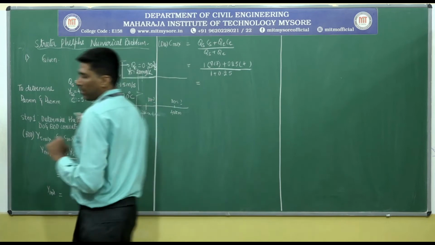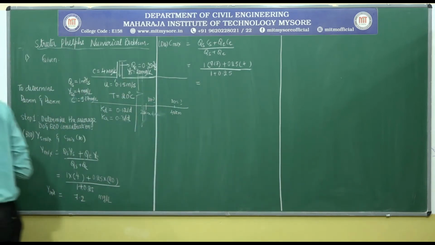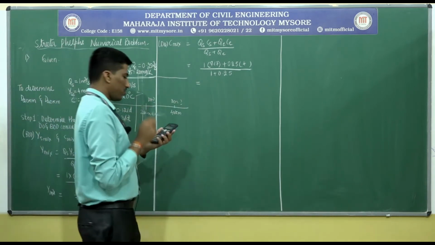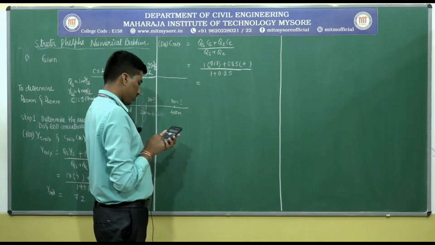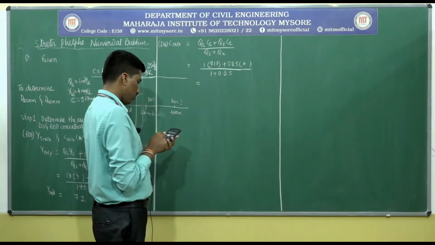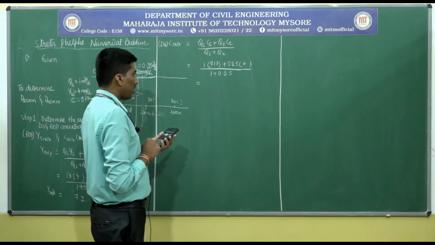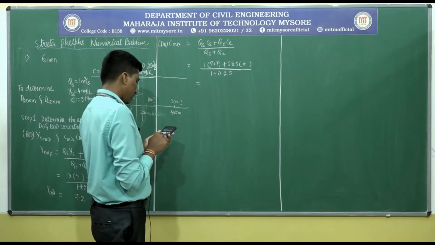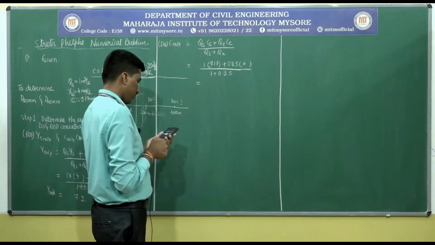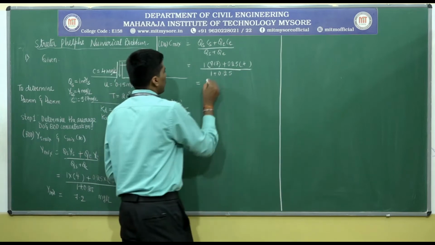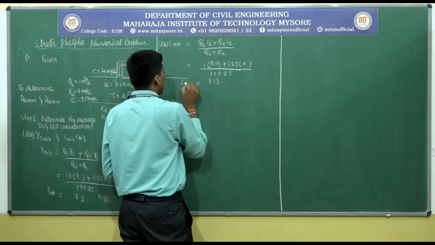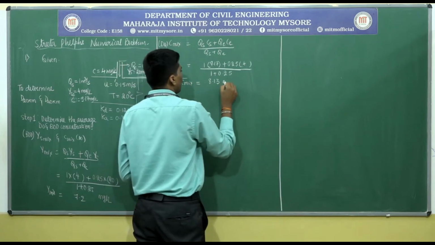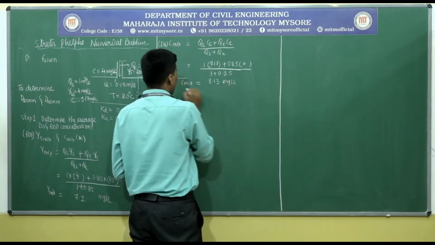Okay, now we shall compute it. 9.17 plus 0.25 into 4, which is nothing but 1, gives 10.17, divided by 1.25 gives 8.13. That is the DO mix. That is, the DO concentration C mix is equal to 8.13 mg per liter.